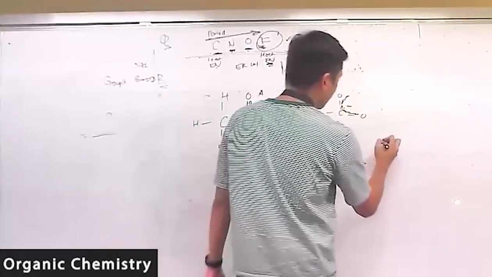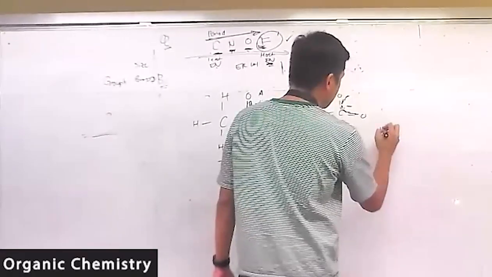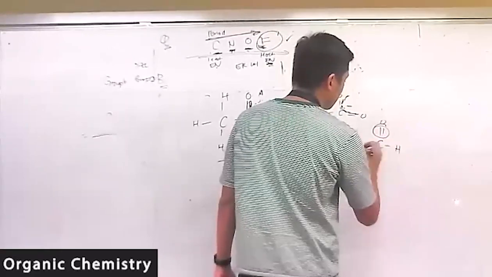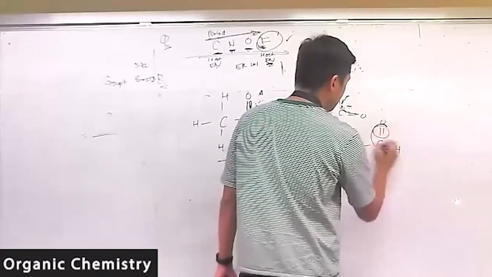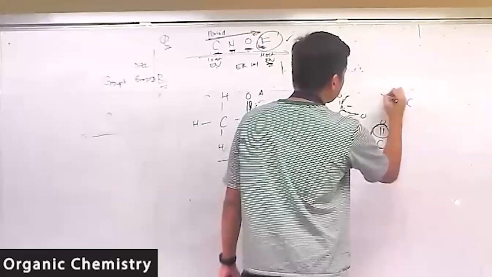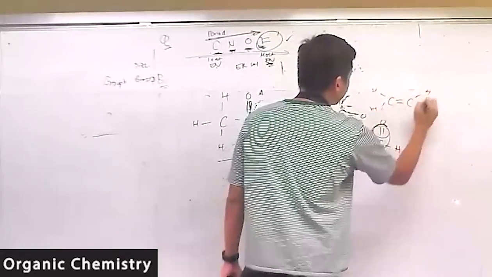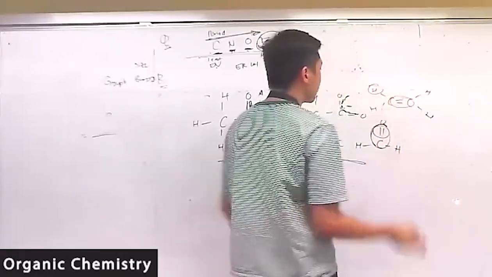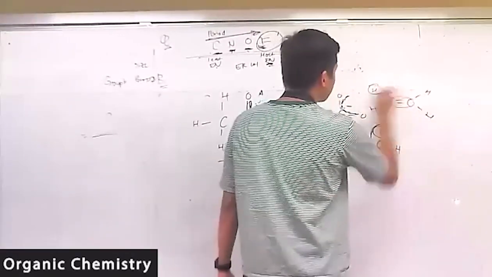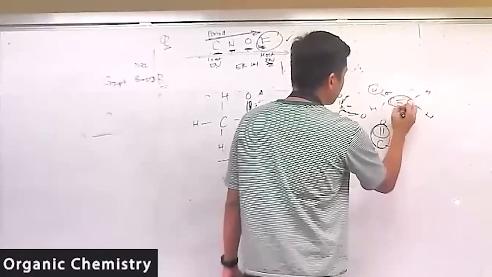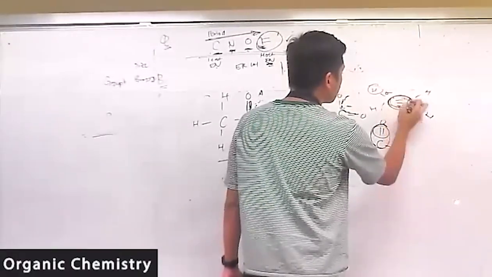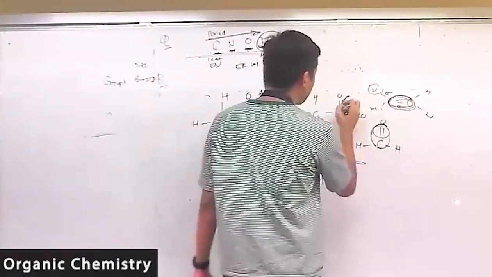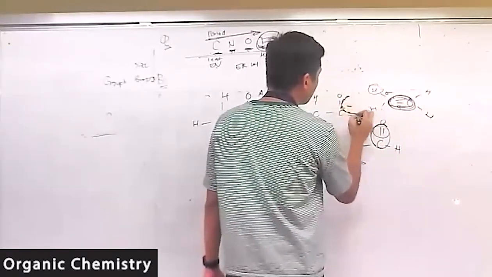Versus, for example, if I had this, the charge is not shared between the hydrogen atoms, because hydrogen, as we know, cannot have a pi bond. It can only have sigma bonds. But in here, we see that it is shared between two oxygen atoms.